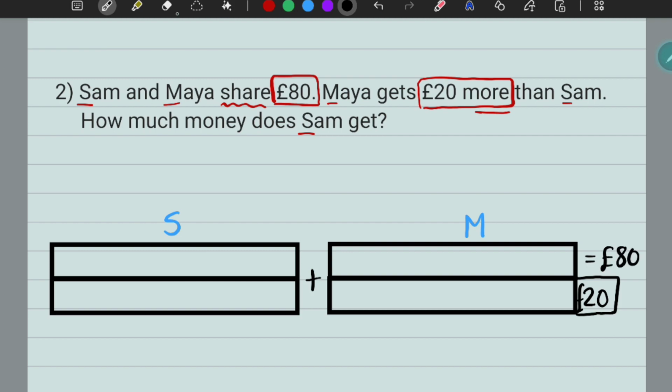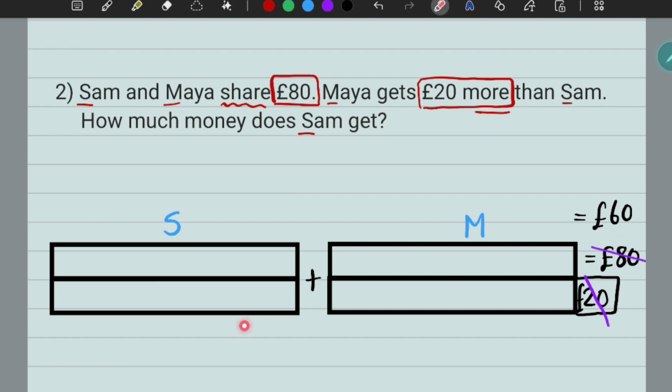So what is left if I temporarily take away the £20? Well, actually, it's going to be equal to £60. So now I know that this box here and this box here together equals £60. I'm just going to put a line through there so that we don't get confused.